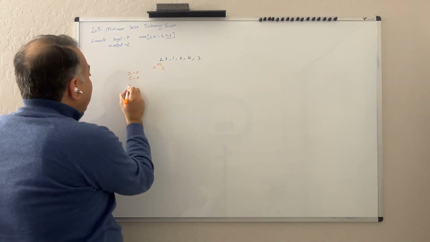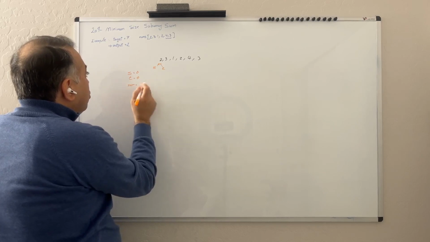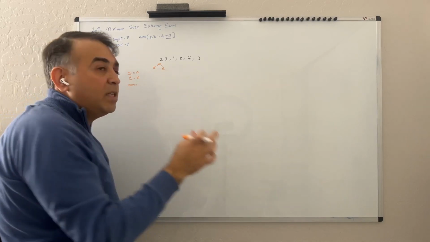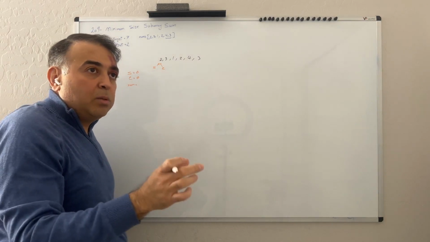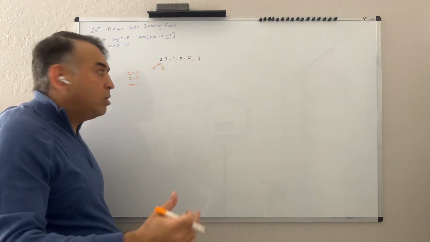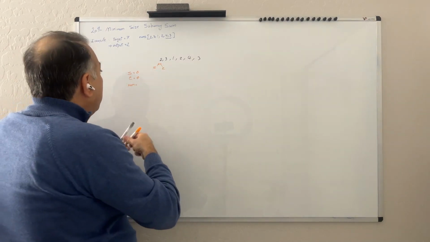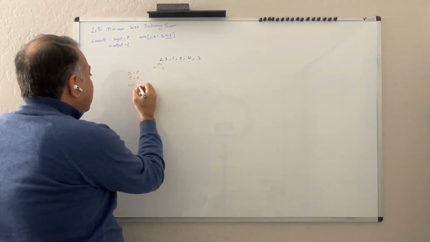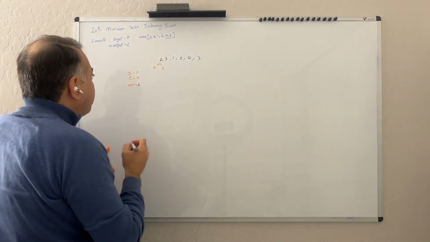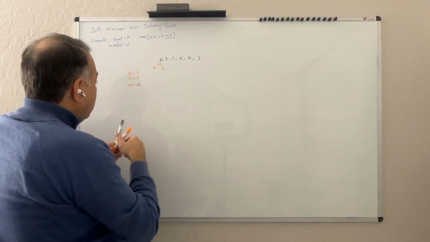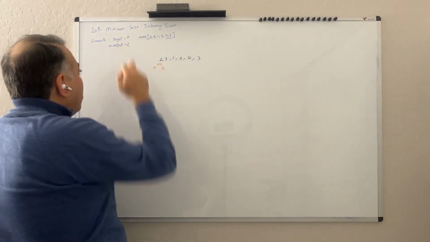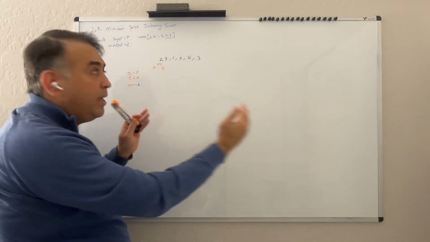Then I need to have a sum to know what the numbers in the window add up to. For example, right now both of them point to the 2, so the sum is equal to 2. The 2 is less than the target, so I need to increase the window size.